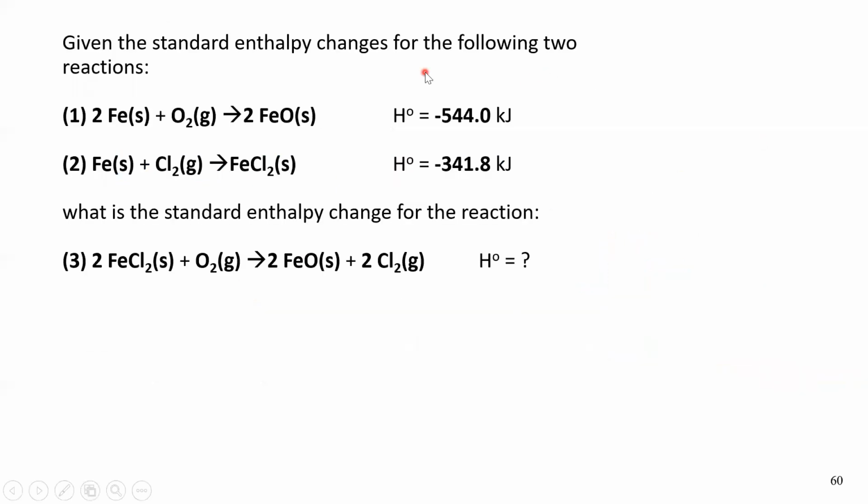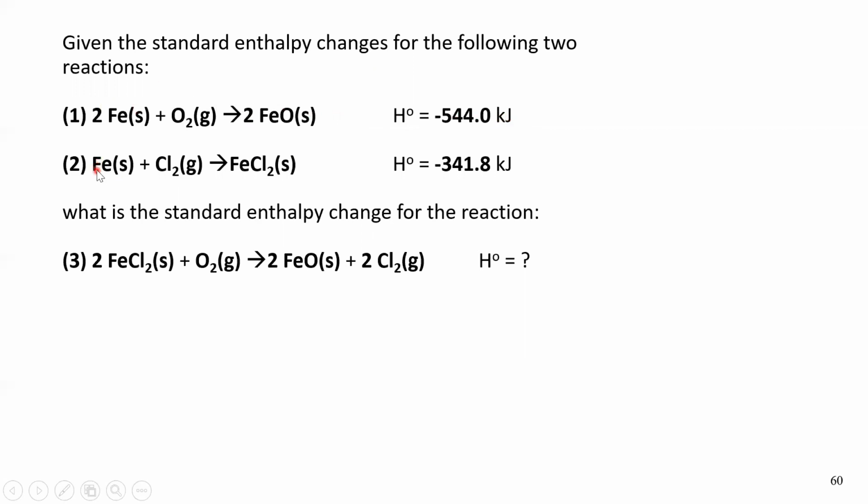So let's look at another problem. And they'll kind of just get a little bit harder as we go along. So we have iron and oxygen reacting to form iron 2 oxide. And we're told that this reaction has an H value, a heat value of negative 544 kilojoules of energy.